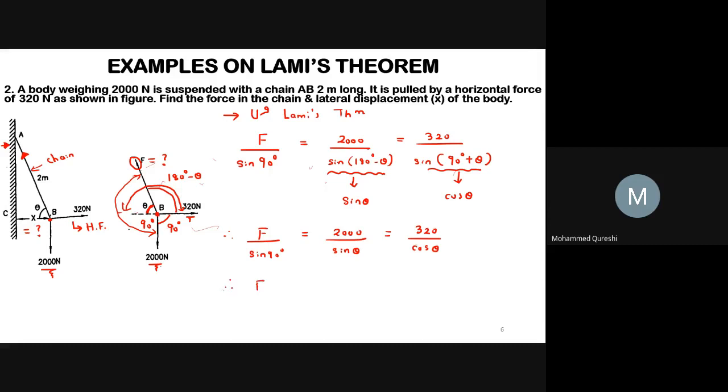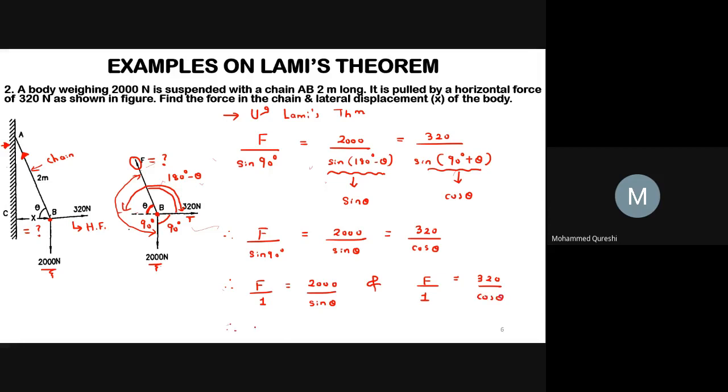Therefore, F upon sine 90, which is 1, equals 2000 upon sine theta, and F upon sine 90, which is 1, equals 320 upon cos theta.